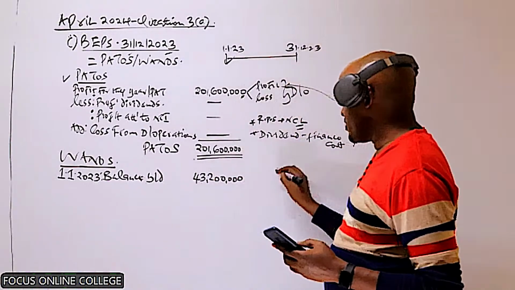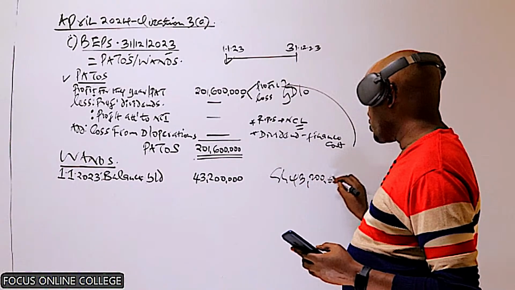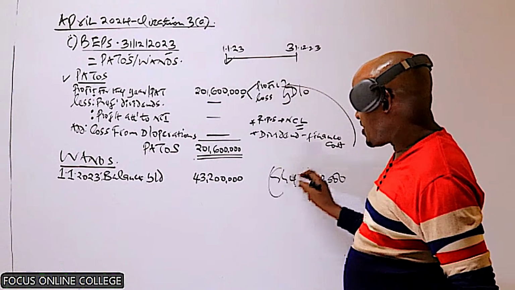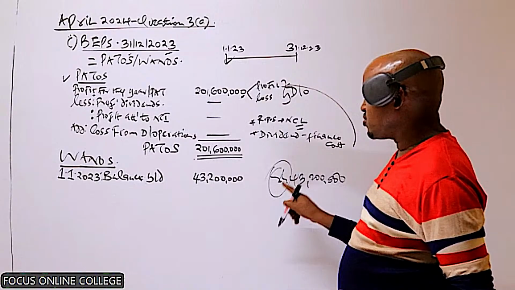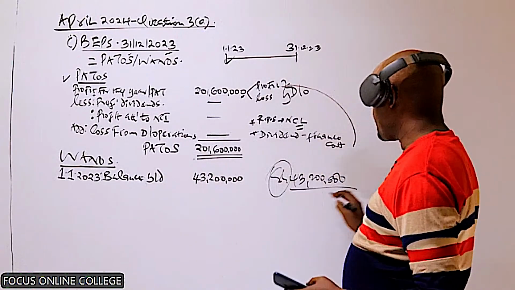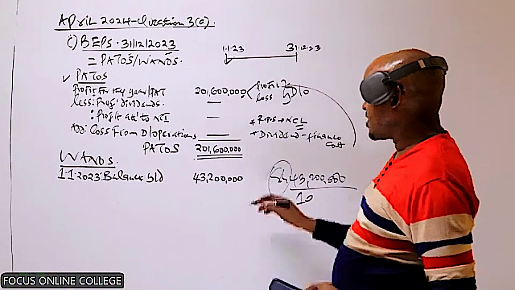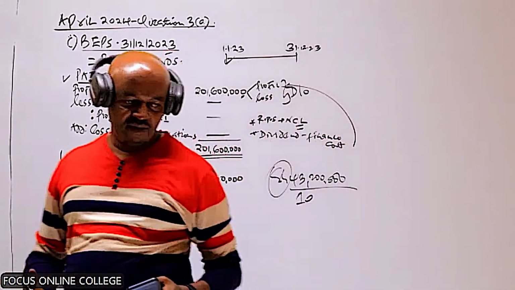But if, for example, we are told the company had a share capital of shillings 43.2, then take into account we have the word shilling. Automatically, this would not be the shares, but the value of the shares. To determine the number of shares, you take this amount and divide it by the par value of 10. But in our case, 43.2 are the number of shares.